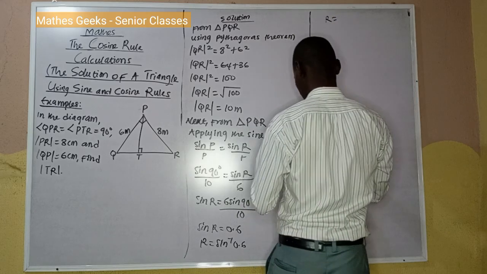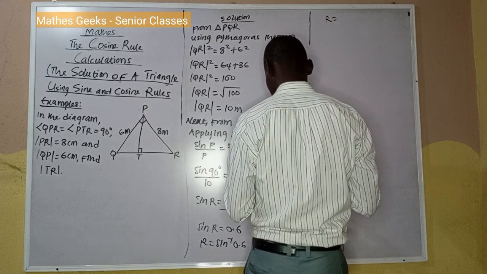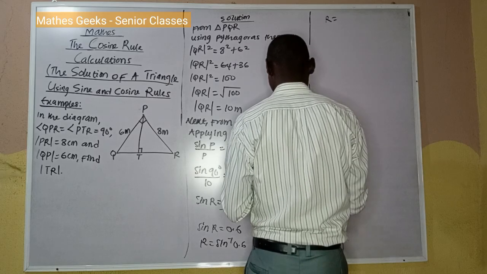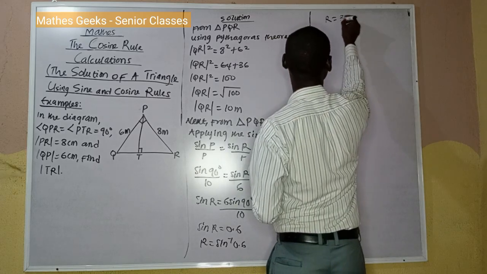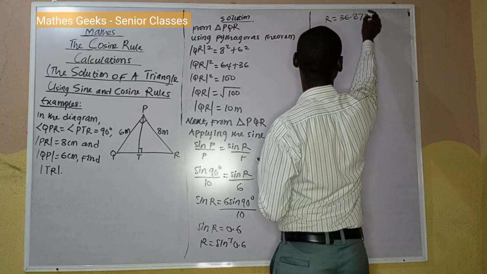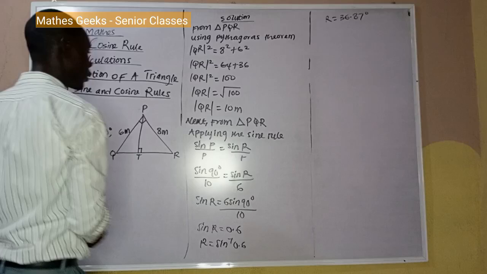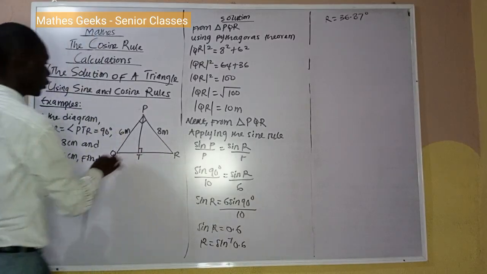R is equal to 36.87 degrees. So why do we look for R and not Q?